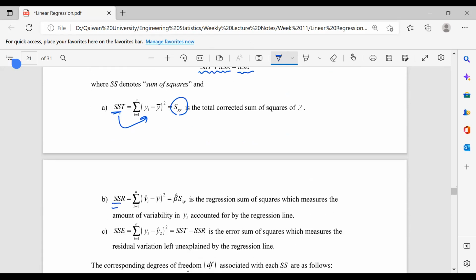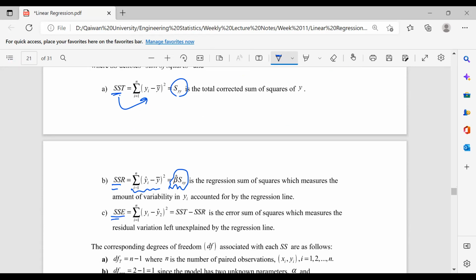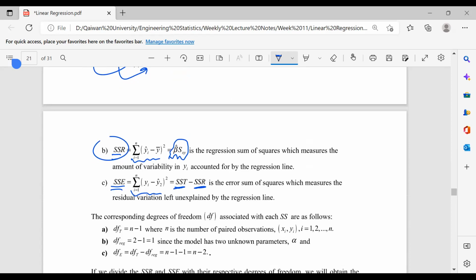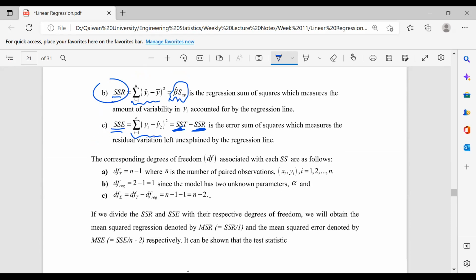SSR is this summation, which is beta hat times S sub xy. So here we just focus on S sub xx, S sub yy, S sub xy. And SSE is SST minus SSR. After finding these two, we can get SSE, because it's the difference between SST and SSR. That's all.